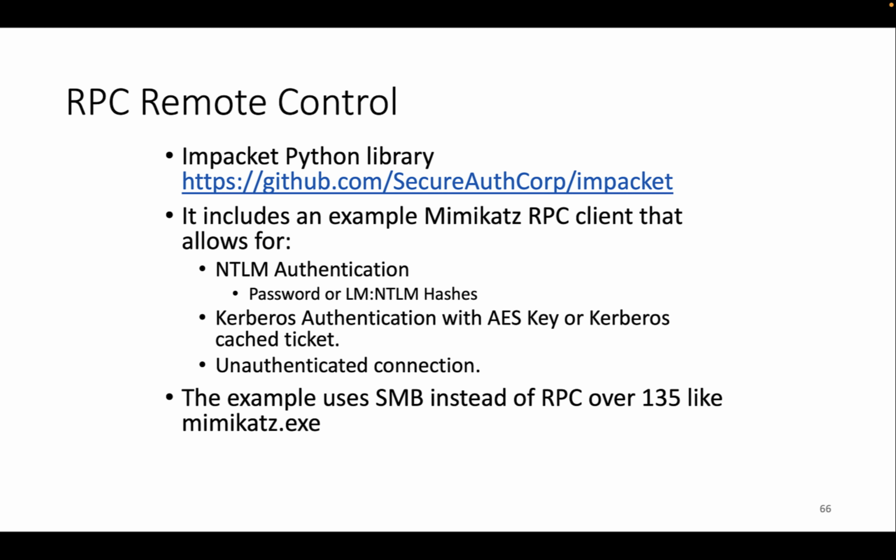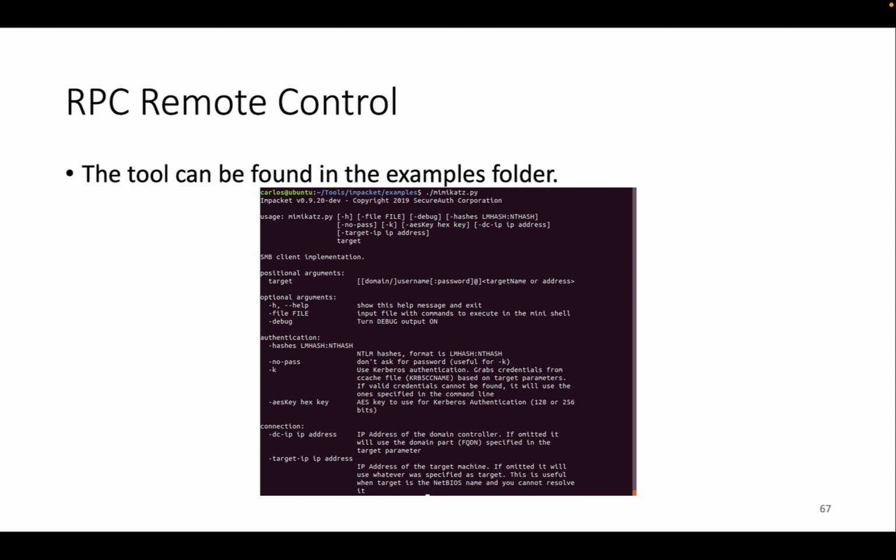But if I wanted to, I could use LM/NTLM, I could use an AES key, I can use an MIT Kerberos cache ticket if I wanted to make this connection. So when you run the command by itself, you can see all of the different options you can use there.